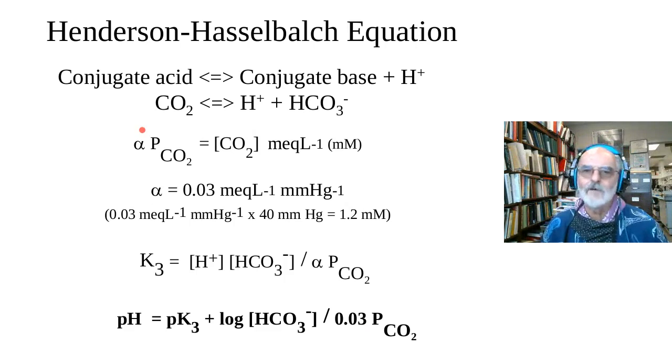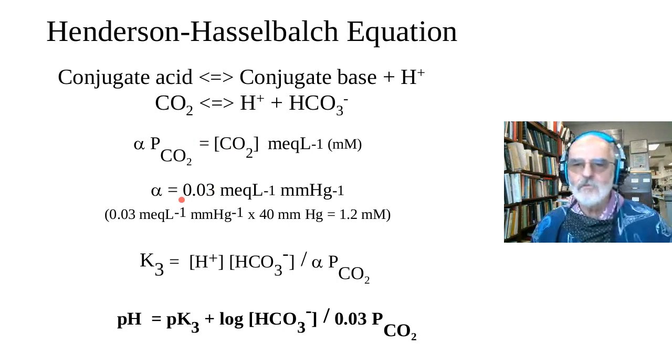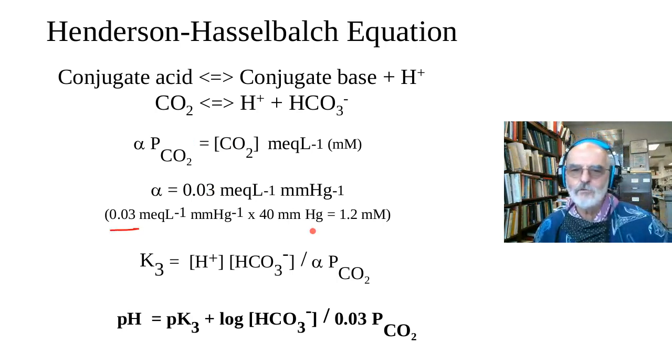So we can no longer use millimolar here. How do we convert millimolar to partial pressure? The answer is that the partial pressure with a fudge factor, which we'll call alpha, is equal to the CO2 concentration. Numerically, alpha is 0.03, because 0.03 times 40 millimeters of mercury equals 1.2 millimolar.